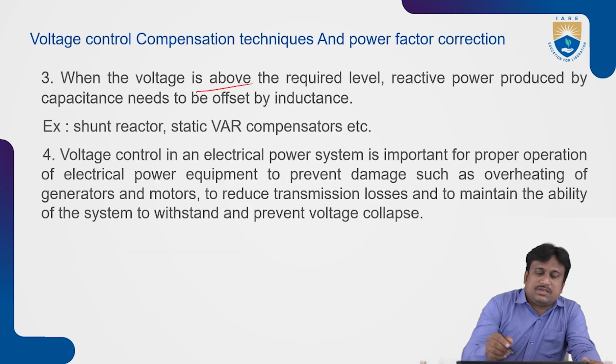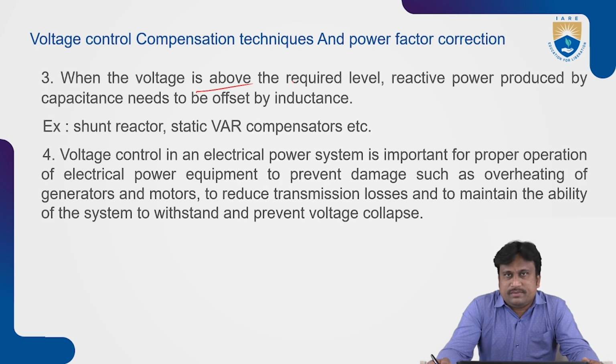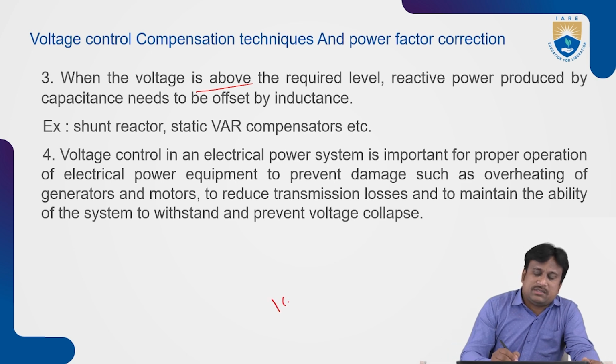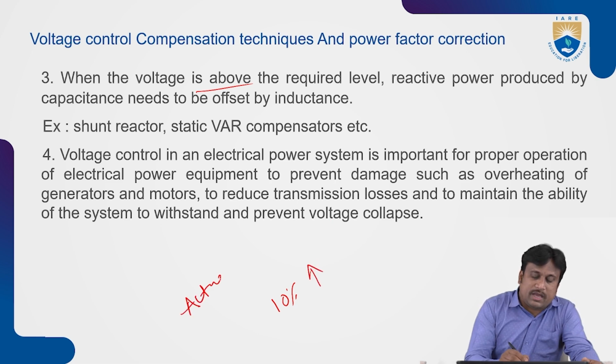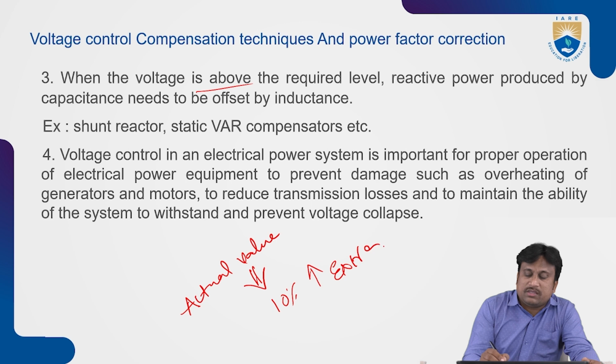When the voltage is above the required level, usually at the load end, to reach the exact amount of voltage, the transmitted voltage should be higher. That means we need to send 10% extra of the actual value. Why is this?